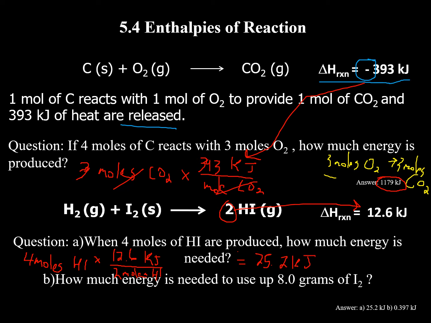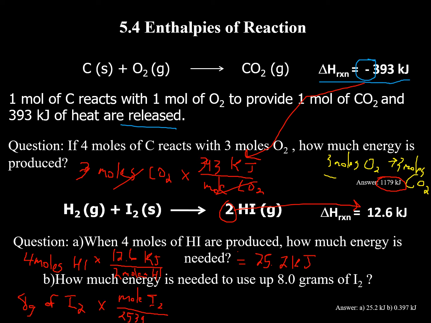The next part, how much energy is needed to use up 8 grams of I2? So you have to use some of your chapter 3 knowledge. We first have 8 grams of I2, times mole of I2, for every 253 grams of I2.